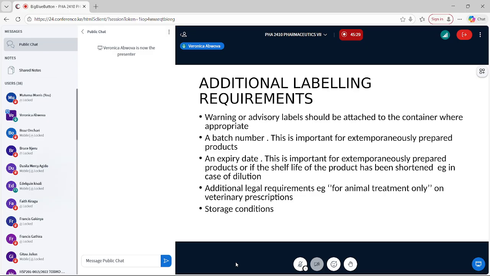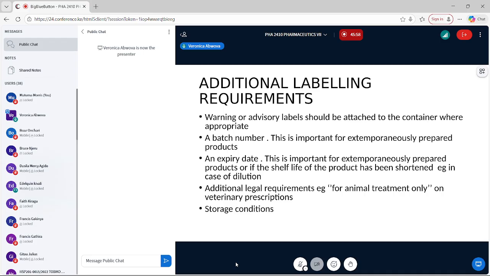Then the batch number, this is important for extemporaneously prepared products. When you have products that are prepared extemporaneously, usually for traceability, it's important for them to have a batch number, okay? Or a way of identifying, so that you can tell this is a product that has been produced in your pharmacy and this is when it was produced, and you can trace, okay?